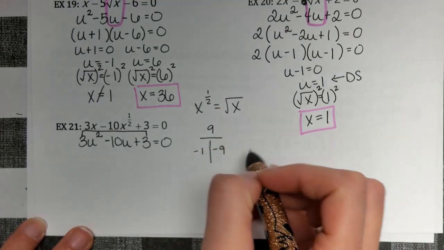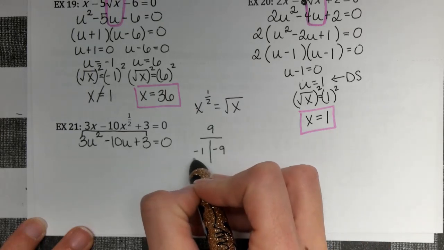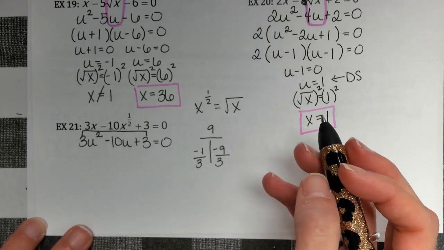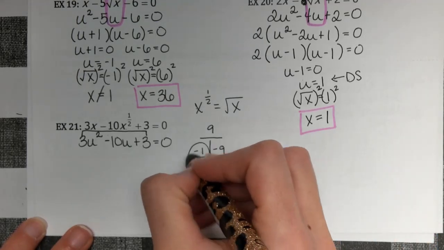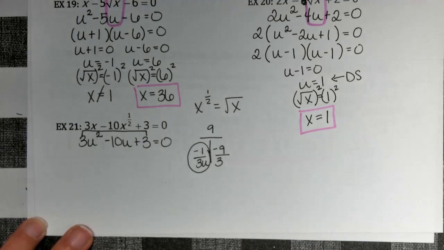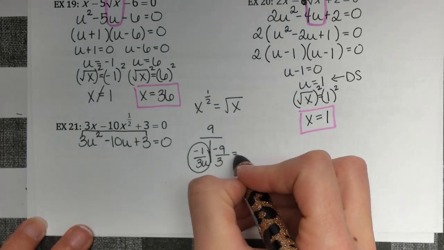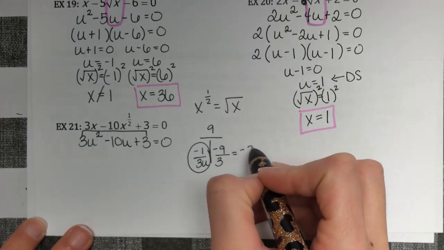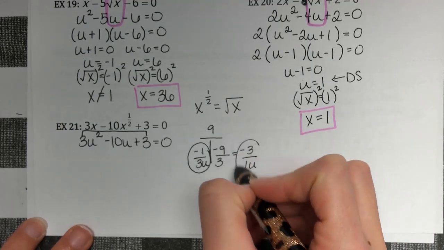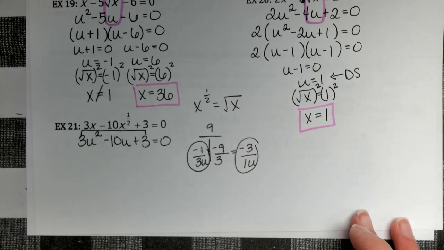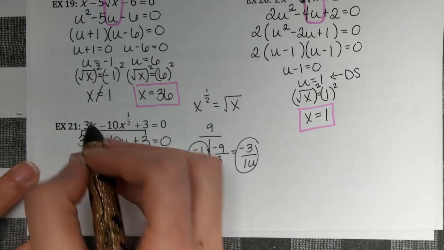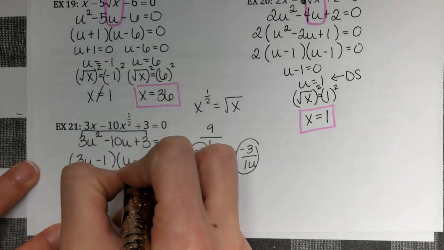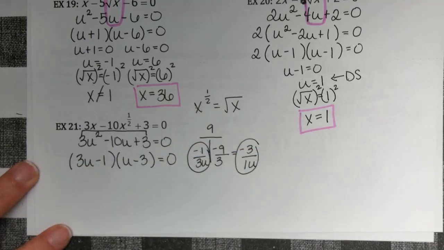And I do what with those? Divide them by 3. Negative 1 over 3 doesn't simplify. This time the bottom takes the u. If you do an x, that's okay. Negative 9 over 3 is negative 3 over 1. Bottom takes the u. So this turns into 3u minus 1 and u minus 3 equals 0.